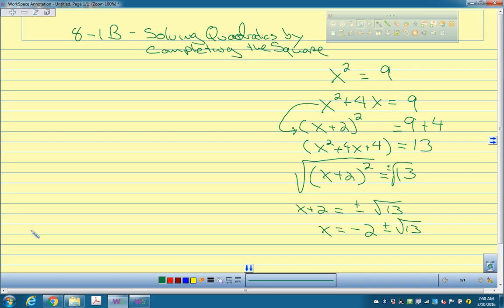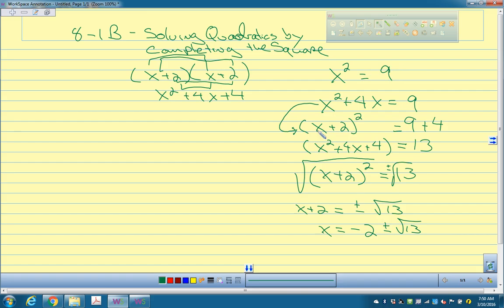Where did you get the 4 from? See how this is almost the same as this, except there's a 4 over here. I rewrote this as this because I know that if I FOIL it, if I take x plus 2 times x plus 2, I get x squared, then this times this and this times this gives me my 4x, and this times this gives me a plus 4.